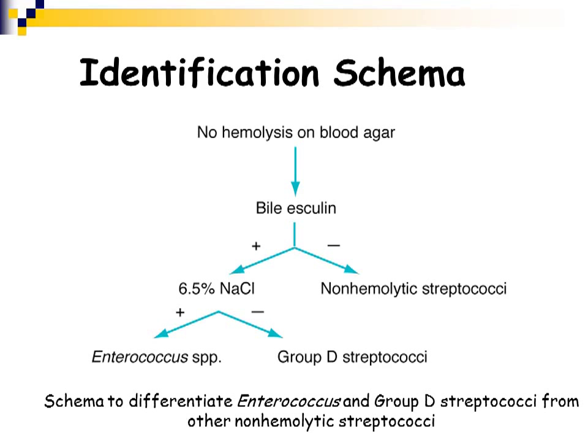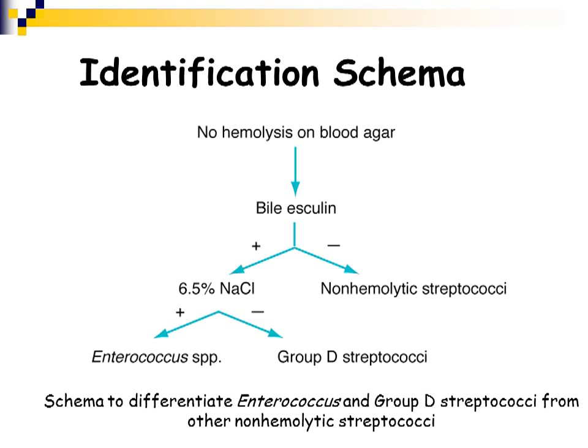So for your identification flow chart, if you have a catalase negative, gram positive cocci, it would be indicative of a strep. If it is non-hemolytic, you might be thinking a group D strep. So what you want to do is do a bile esculin test.